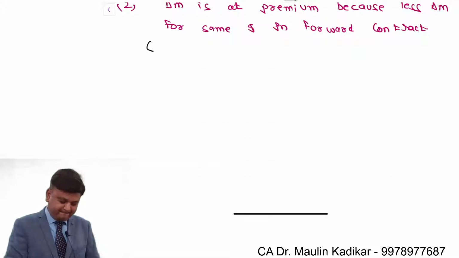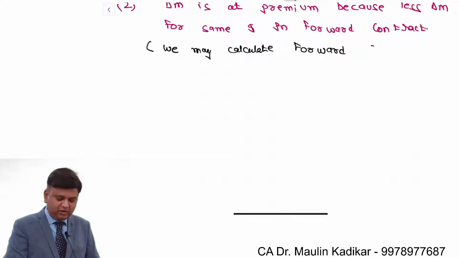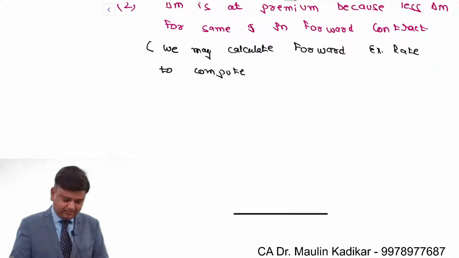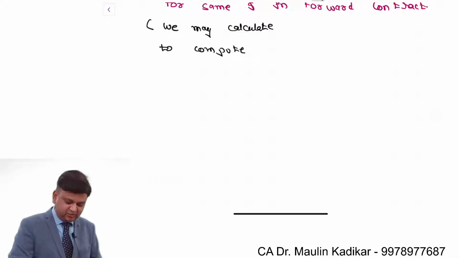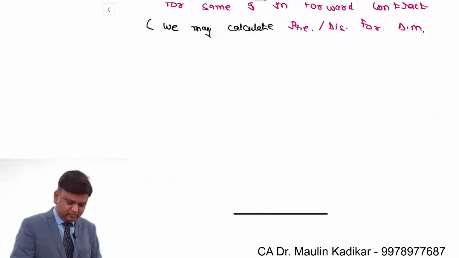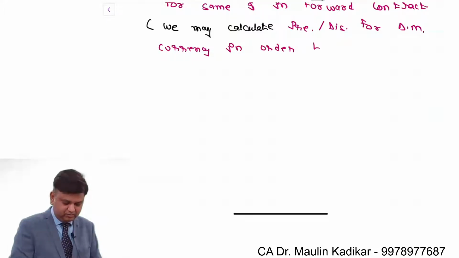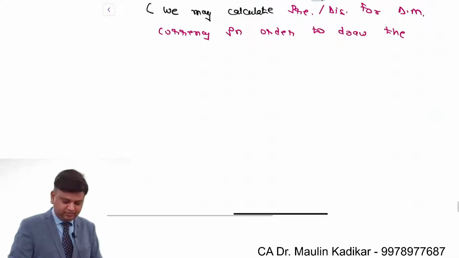In bracket write down, we may calculate forward exchange rate to compute, we may calculate premium/discount for Dutch mark currency in order to draw the conclusion. Full stop.